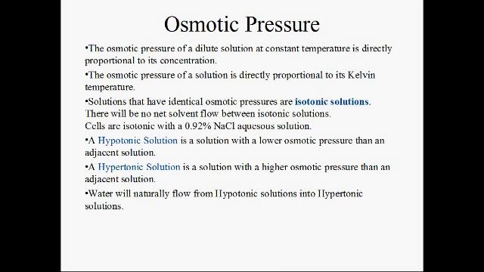So, some terms for osmotic pressure. If we are comparing two solutions, and the two solutions have identical osmotic pressures, then they are called isotonic solutions. So if we have two isotonic solutions separated by a semi-permeable membrane, there will be no net flow between these two solutions.